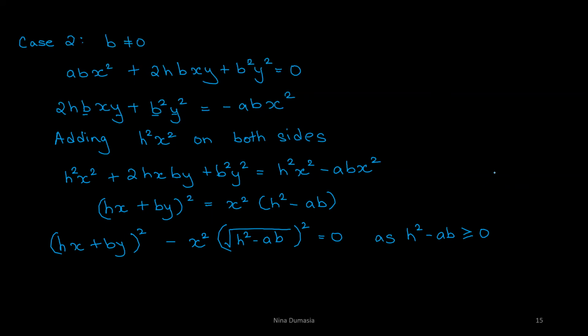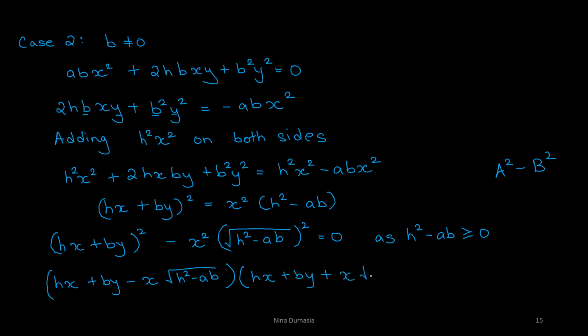Okay, now this is of the form a square minus b square, इस टाइप का है, ठीक है। तो इसको लिख सकते हैं कैपिटल A माइनस कैपिटल B, कैपिटल A प्लस कैपिटल B। तो यहाँ पे ये कैपिटल A और ये कैपिटल B, so therefore we get that hx plus by minus x into square root of h square minus ab, this is one bracket, second bracket will be hx plus by plus x into square root of h square minus ab is equal to 0.